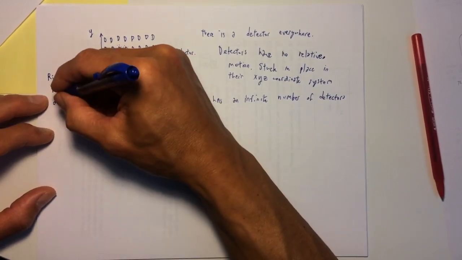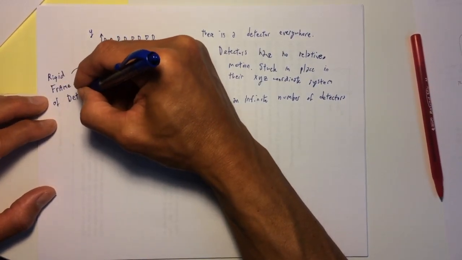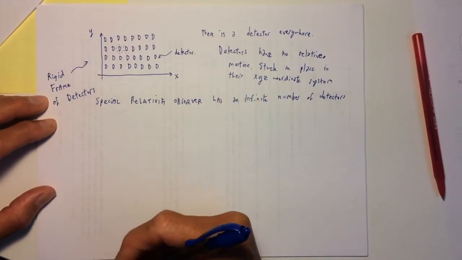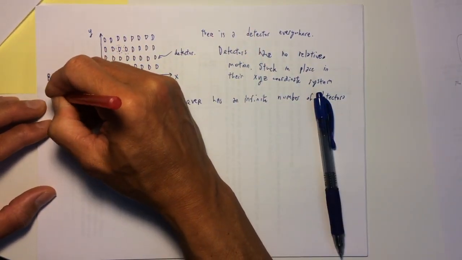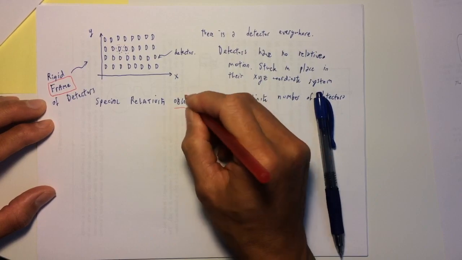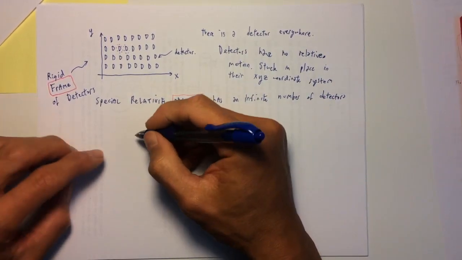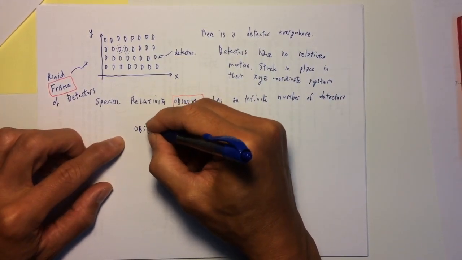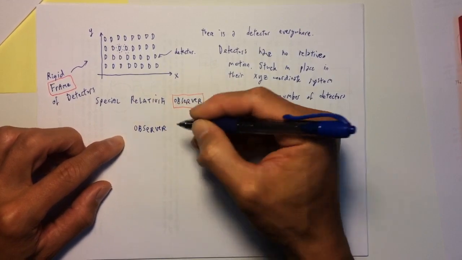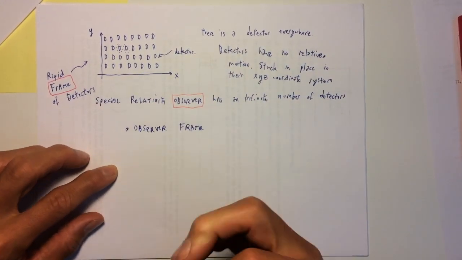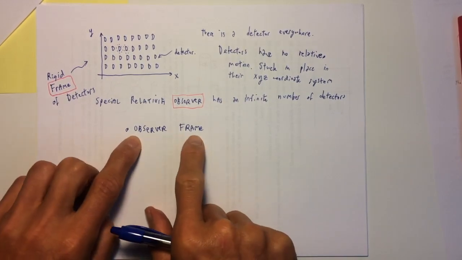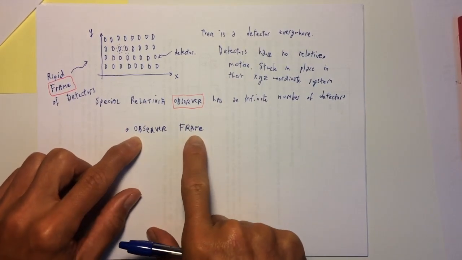So this rigid frame of detectors gets put together into what's known as the observer frame. So this right here is what's meant by an observer in special relativity.